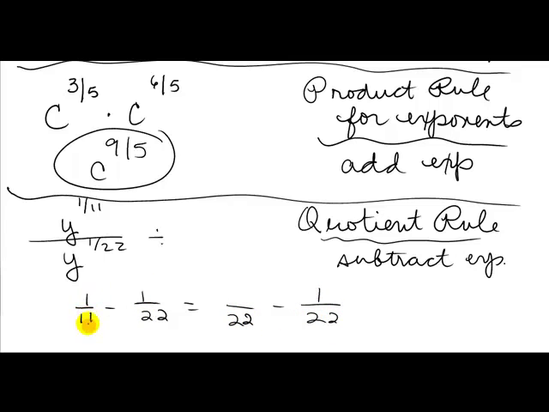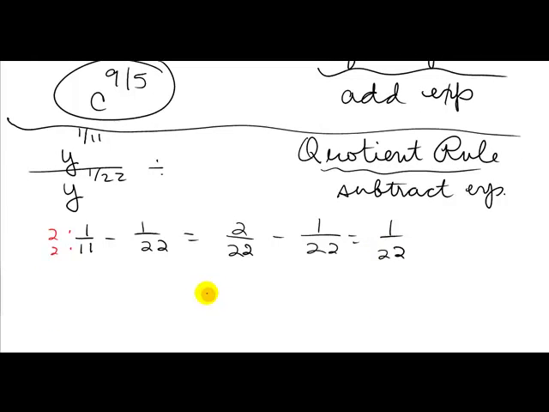But I have to change this fraction, so times 2 on top and times 2 on the bottom to give me 2/22. Now I can do the subtraction. All I've done is take care of that quotient rule with the exponents. This is going to be my exponent for the y. So when I go to write my answer, it's y to the 1/22.